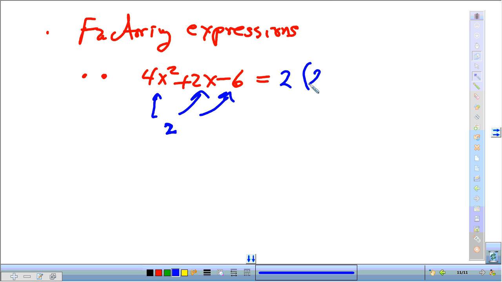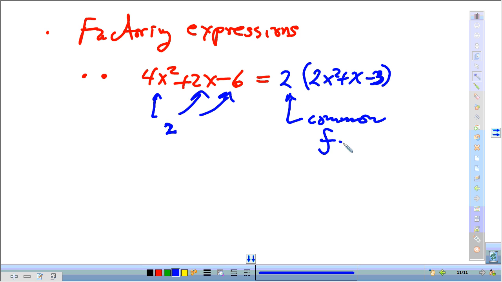So it will be 2 times 2x squared, a 2 times an x, and a 2 times a minus 3. So one kind of factoring is to look for common factors.